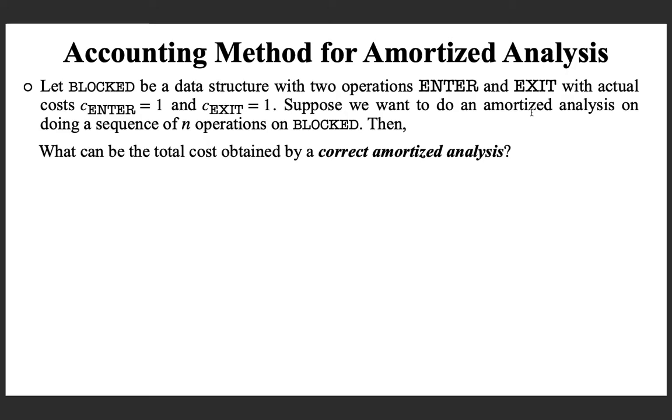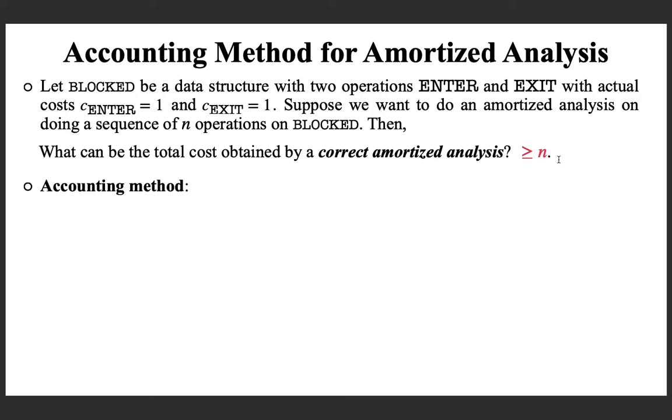Now what can be the total cost for a correct analysis? You note that here the actual cost is 1 unit of time for both exit and enter operations. So for any correct analysis, the total cost is n, and any correct analysis should produce a value which is greater than or equal to n. This is what we saw from the previous slide.